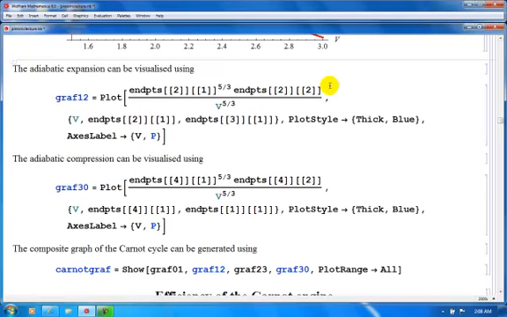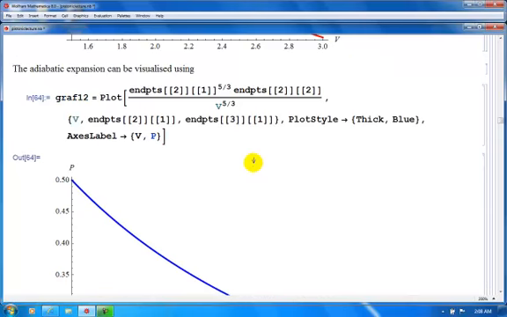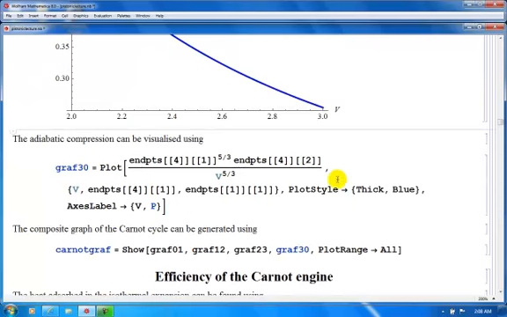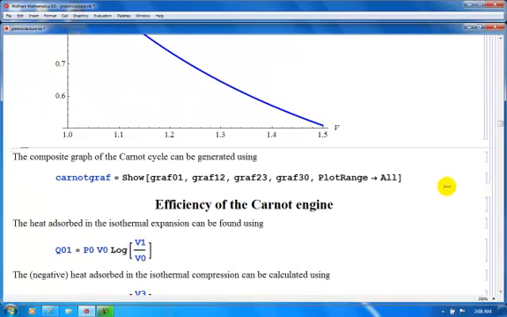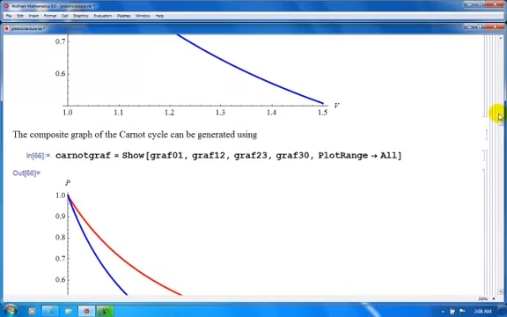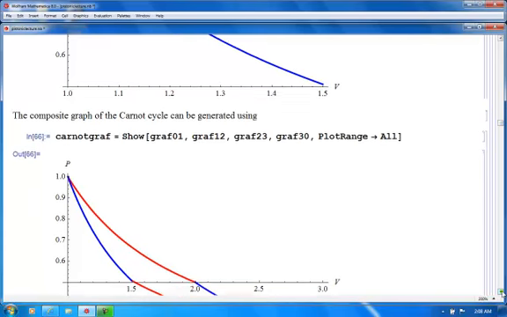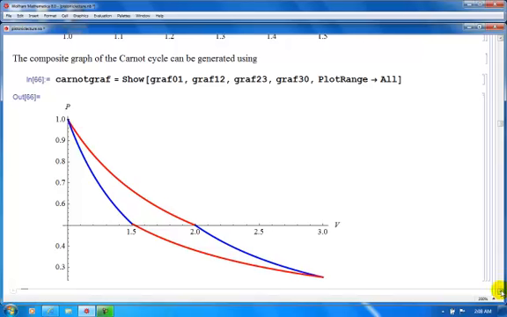And now we do the adiabatic expansion, and we get that curve. And now we do the adiabatic compression. We put those 4 graphs together, and we get that. So that's the actual Carnot cycle.